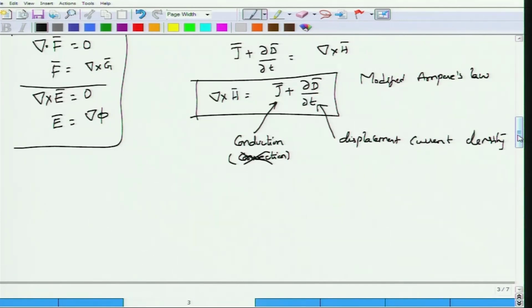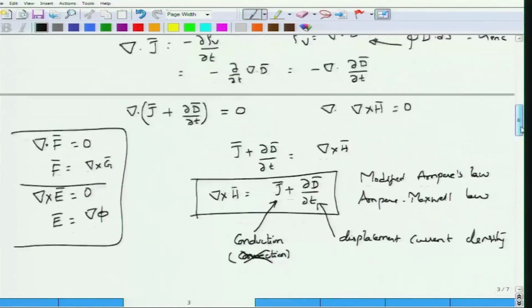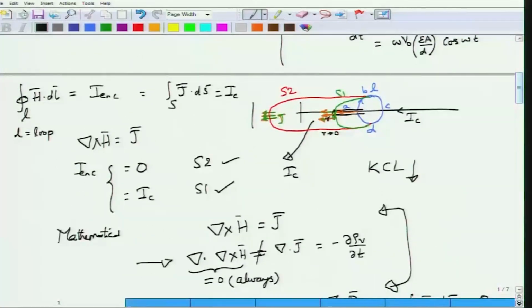So this is the point form of modified Ampere's law, or sometimes called Ampere-Maxwell law. When there is a possibility of no conduction current, as it would happen inside a capacitor, there are no free charges for us to carry the current. So in this case J will be equal to 0, but what will be non-zero is del D by del t.